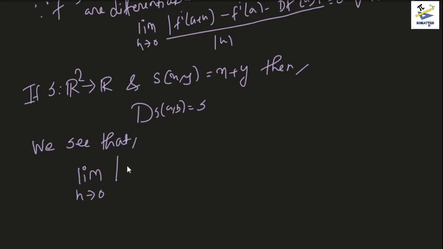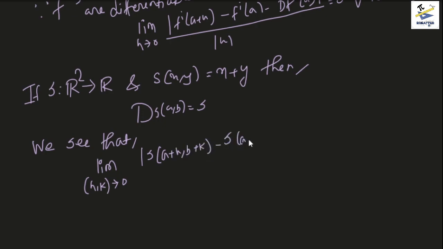So what we have here is as follows: s of a plus h comma b plus k minus s of a comma b, minus the linear operator lambda of h comma k, which is basically s itself.